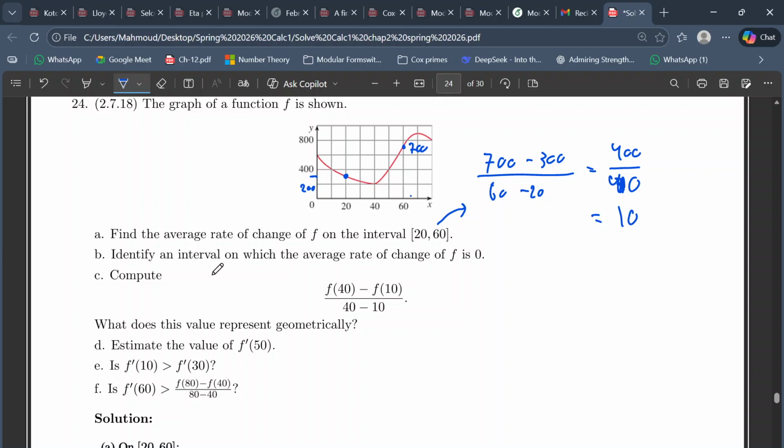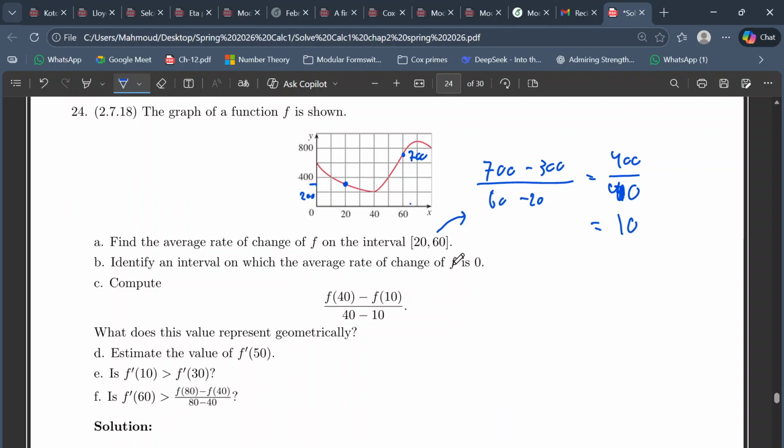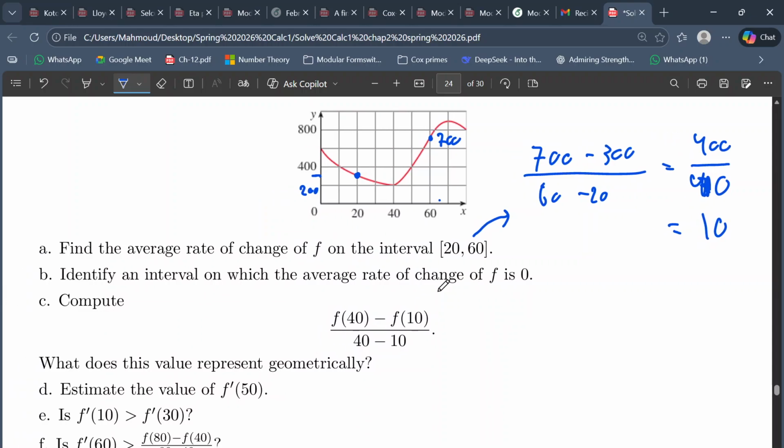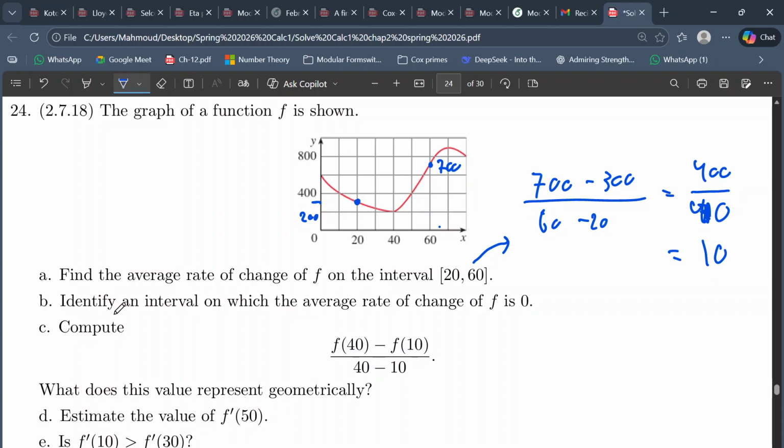Identify an interval on which the average rate of change of f is 0. Here, for example, between 0 and here, right?